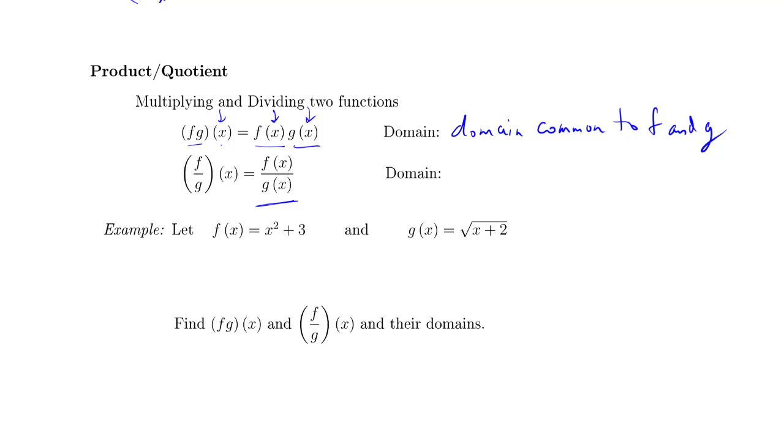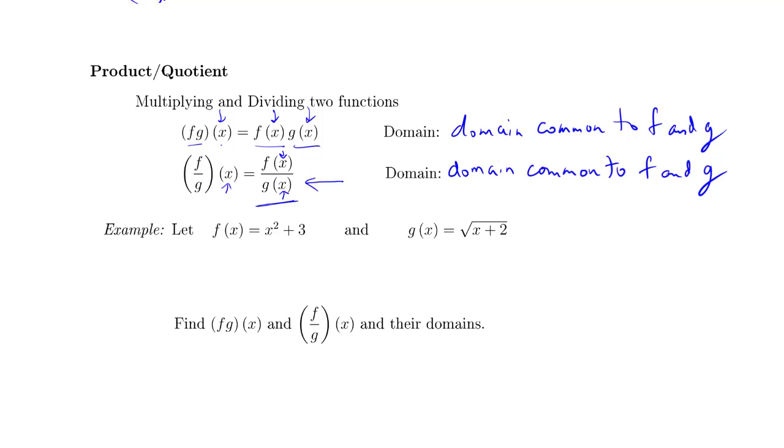All right. The quotient is similar, but has one little wrinkle. All right. So if you want to put an x into the quotient function, it has to go into f and it has to go into g. So we start with the idea that it's the domain common to f and g, but there's one additional restriction.